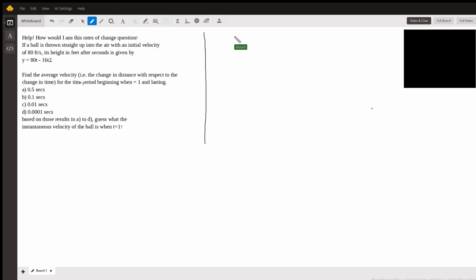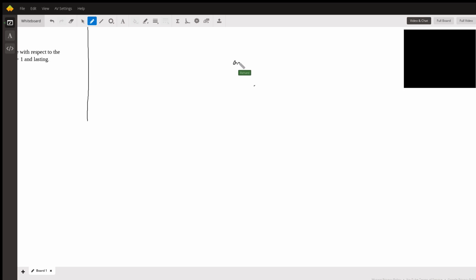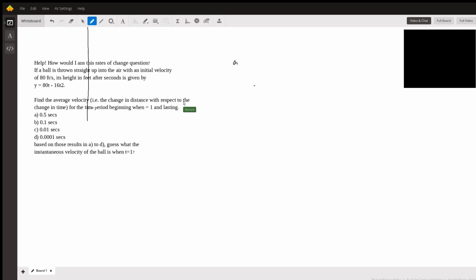So for average velocity, sorry, I have to move this stuff around a little bit.